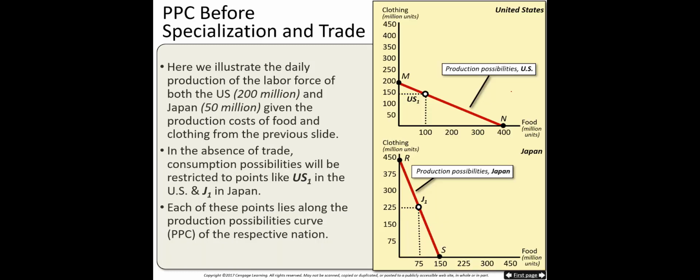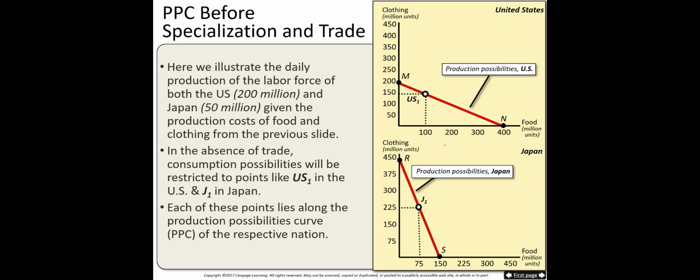Let's now check the production possibilities curve before specialization and trade. Here you can see the daily production of the labor force of both the US, which is 200 million workers, and Japan, 50 million workers, given the production cost of food and clothing from the previous slide.